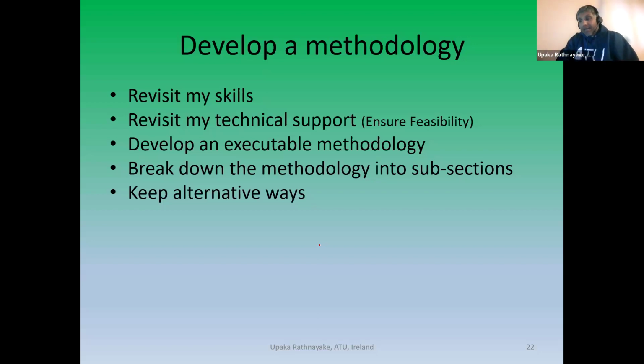We hired a research assistant, and we were working very nicely on that particular project. But suddenly, the relevant authorities said that they can't share the data. That can happen. So you need to find a different way to overcome these problems.